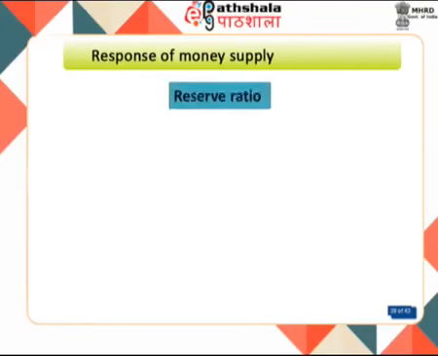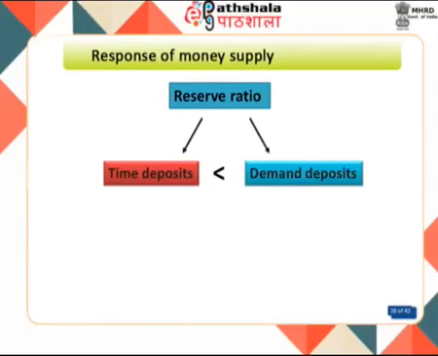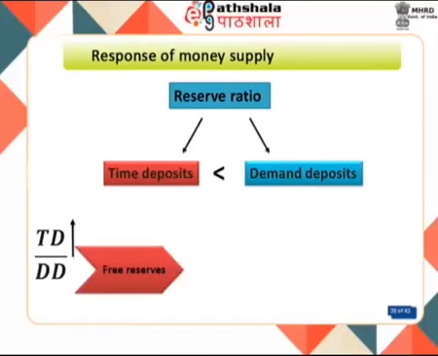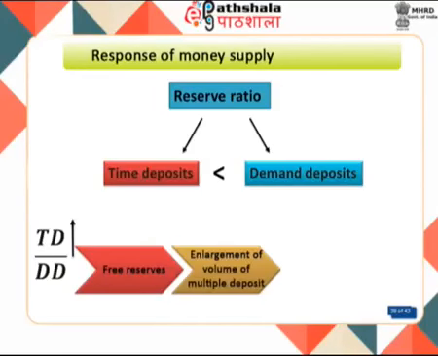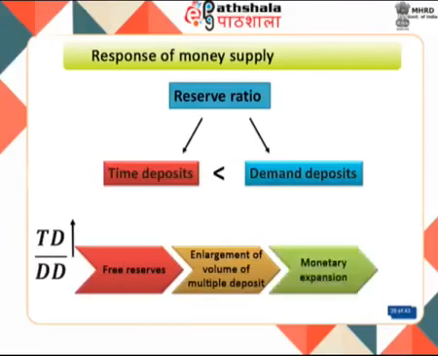Initially, reserve ratio on time deposits was lower than that for demand deposits. Then, an increase in the TD upon DD ratio raised the availability of free reserves, and the consequent enlargement of the volume of multiple deposit expansion led to monetary expansion.